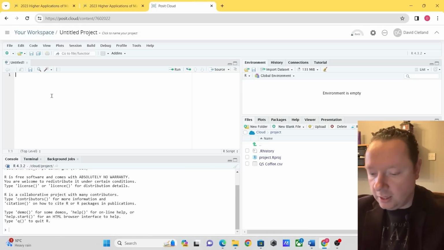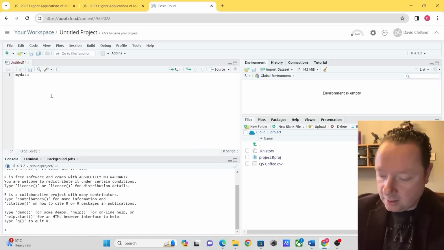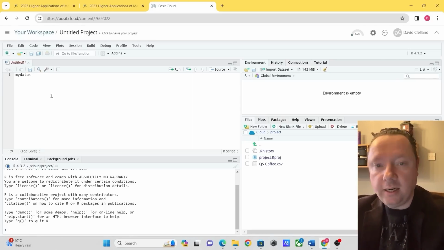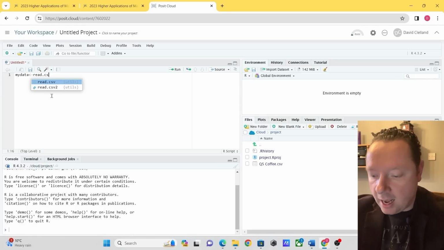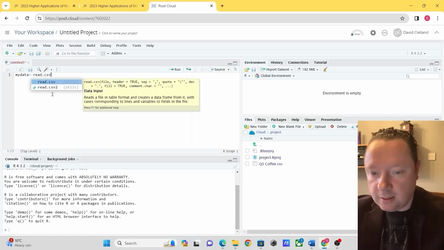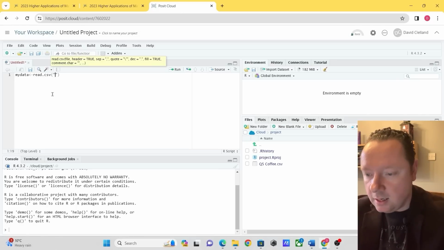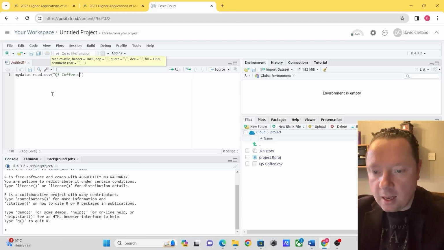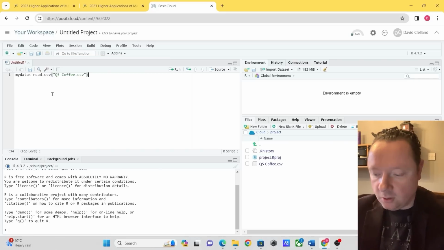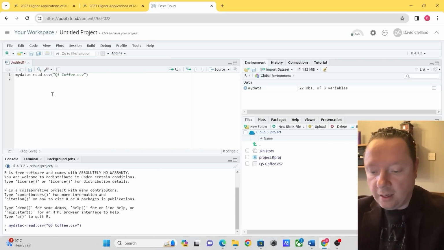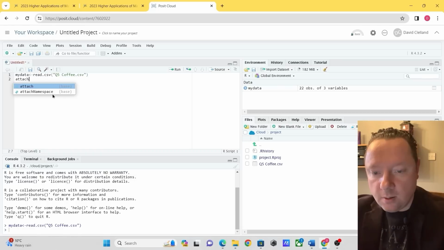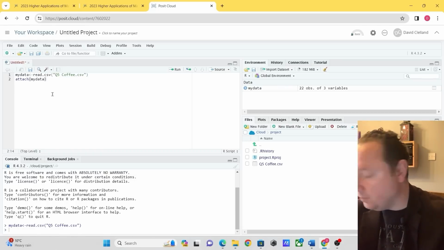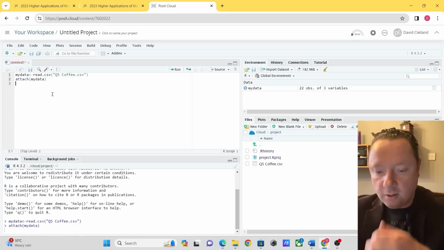The first thing you're going to do is mydata, read.csv, open brackets, inverted commas, Q5 coffee.csv, inverted commas and brackets, and then Control Enter to do that command. Now we need to do attach. So it's attach(mydata) in brackets and enter, and that's us done our attachment.